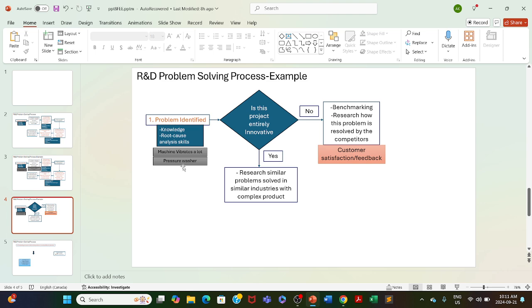For example, there's one thing we really need to know, which is what is meant by similar industries. There are two terms: same industry versus similar industry.